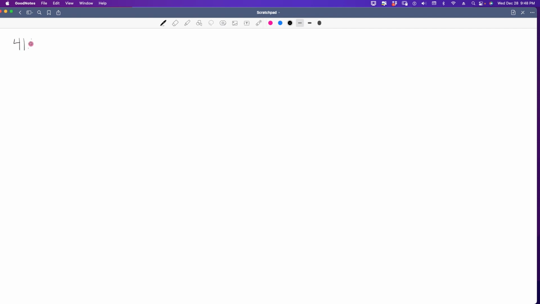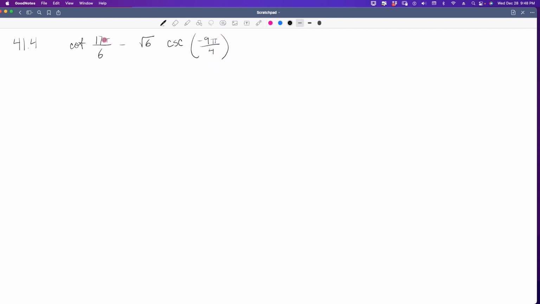So 41.4, we have got to evaluate the cotangent of 17 pi over 6 minus the square root of 6 times the cosecant of -9 pi over 4.